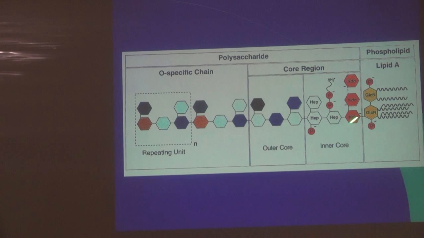Then we have a core region, which is again quite conserved, very similar in many gram-negative bacteria. Then you have inner core and outer core; the outer core is much more flexible. And then you have an O-specific chain, which is usually composed of repeating saccharide units, but it is a highly variable region. This is the most variable region of LPS, and it changes during a switch-on, switch-off mechanism, depending on the environment in which the bacterium is present.